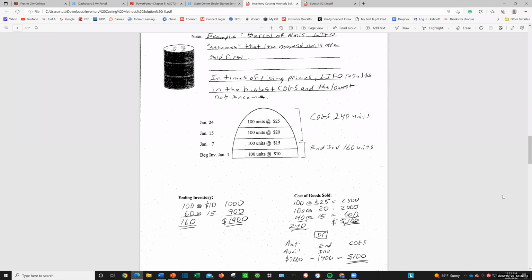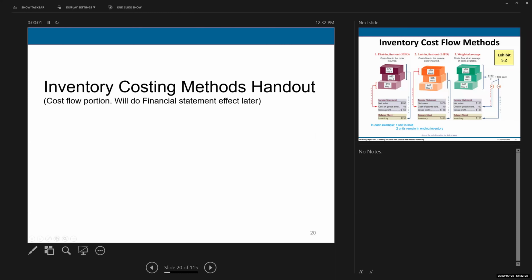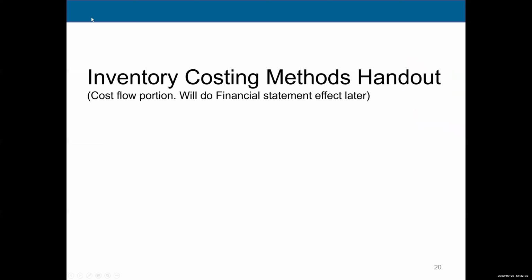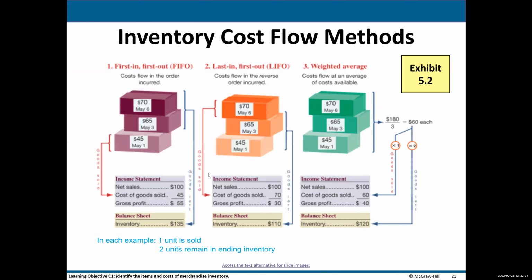All right, let me go ahead and go back to this. This is another way of looking at it, and I kind of like this. This is from your book.